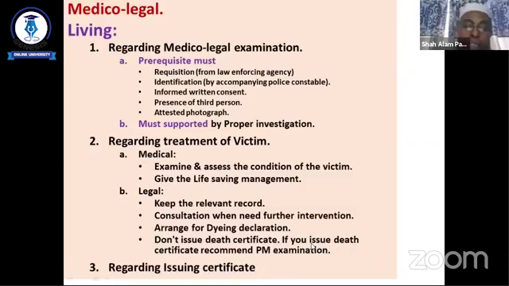Regarding issuing a certificate or report, preparing a report, this report has 3 portions. One is the preamble, which includes the particulars of the victim. Second is the body of the report, and lastly the opinion. This opinion should support your findings.